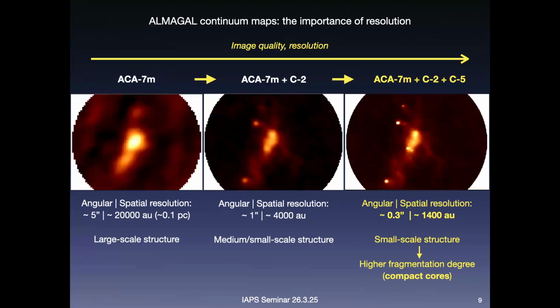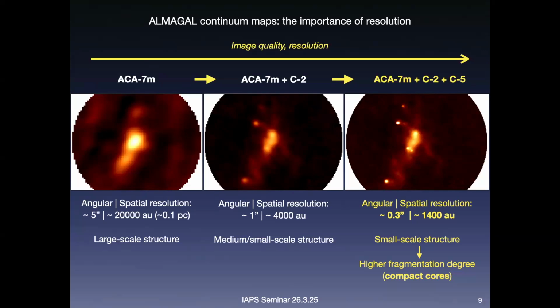We can see a demonstration of the importance of the resolution in this kind of study. We start from the 7-meter only antennas of ALMA, which resolve only the clump scale structure, reaching about 5 arcseconds resolution. By adding the C2, which is an intermediate baseline configuration of the ALMA main array, we start to reveal a medium or small scale structure, so a bit of fragmentation within the clump.